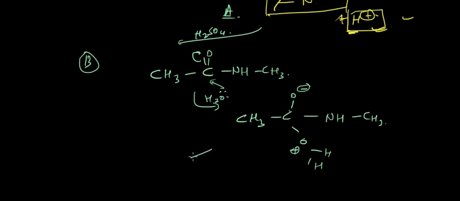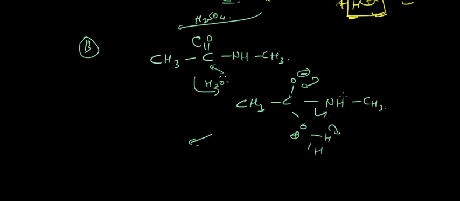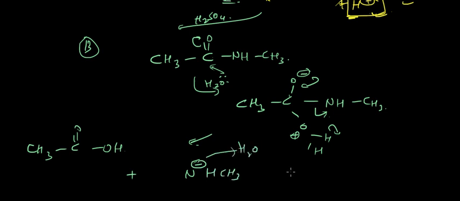Okay, next what will happen is, obviously H plus will be getting removed, this O minus will again form a bond, and N minus will be getting removed. We'll be getting something like acetic acid, and obviously we'll get something like N minus HCH3, which will again attack on the water molecule to attach NH2 over itself.